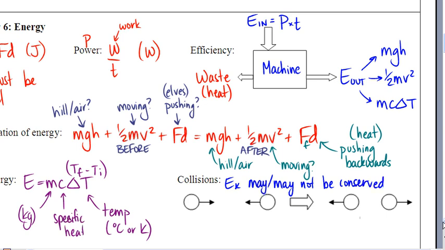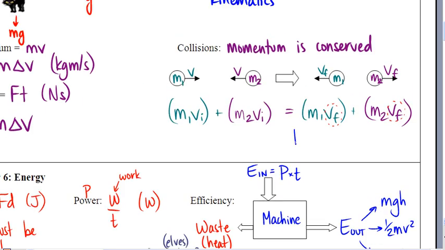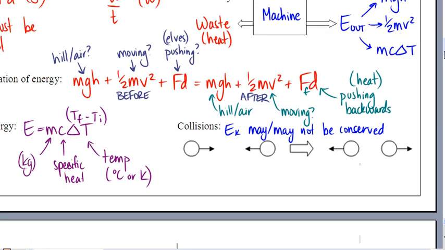And all we're going to do here is something very, very similar to what we did in the collisions up here. But instead of looking at momentum, which is m times v, we're now going to look at kinetic energy. So we've got the kinetic energy of this object before the collision, plus the kinetic energy of object 2 before the collision, and we set those equal to the kinetic energy of the two objects after the collision.